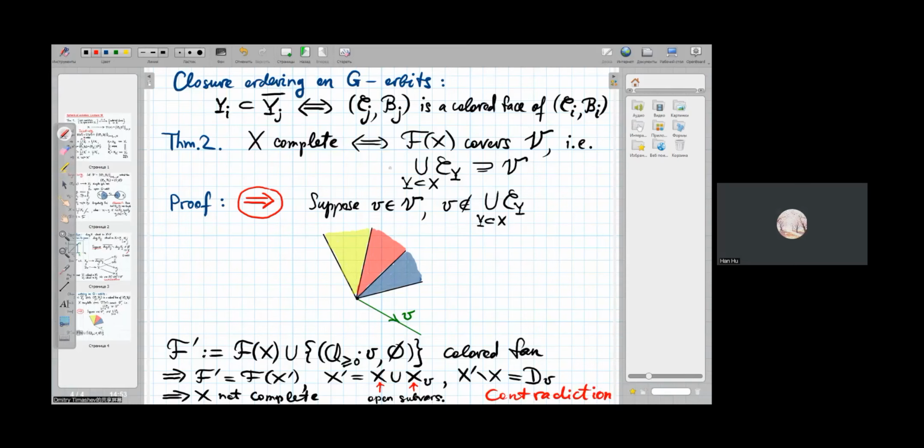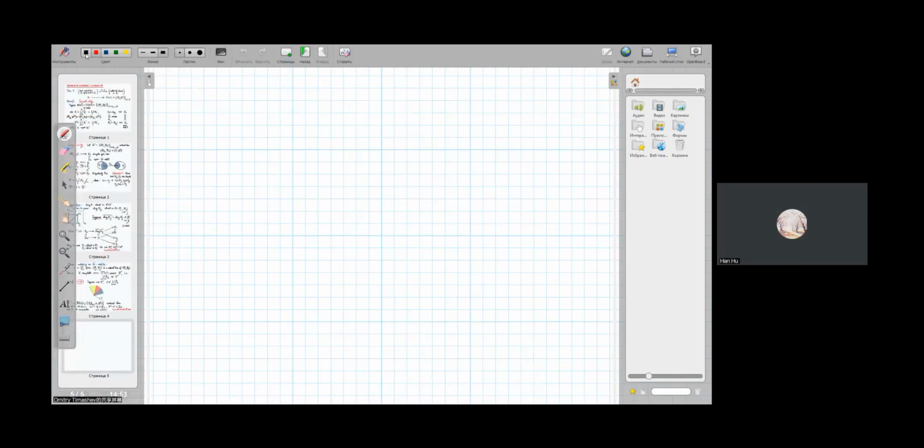Okay. Now let's turn to the reverse implication: if the fan covers the valuation cone, then the variety is complete. So we argue in the following way.